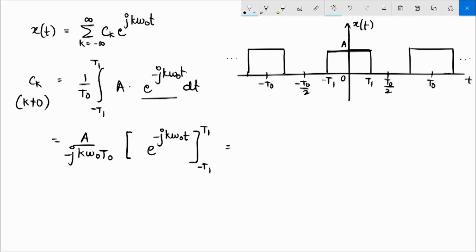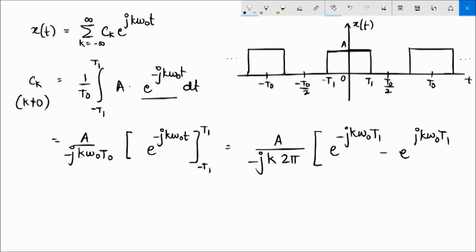This is equal to a upon minus j k. Now omega naught t0 is 2 pi, and when I plug in these limits t1 to minus t1, this becomes e to the power minus j k omega naught t1 minus e to the power j k omega naught t1.